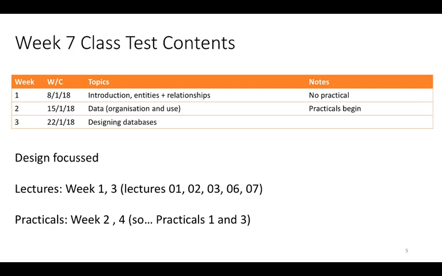So entity relation mapping: what are the entities, how do they work, how do they relate to each other, a few questions about that, potentially a few different scenarios for you to map. Here's a schema, basically probably a form, like you've seen in the other ones in UNF, take it through to first, second, third normal form, possibly a couple of those, and then some questions about data types and things like that. So that will be in the week 7 class test.